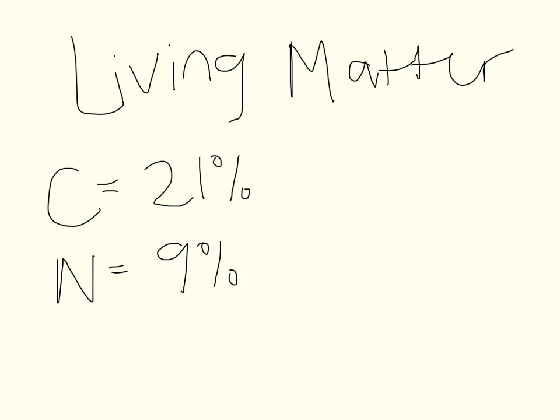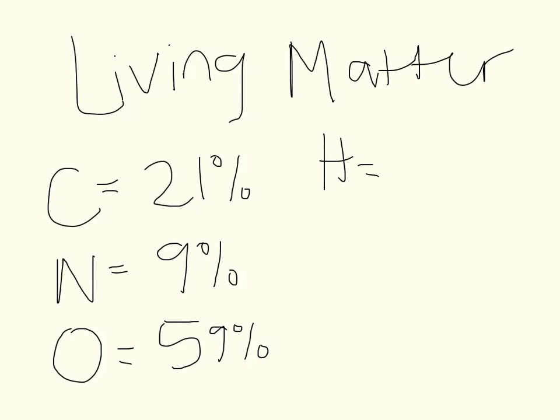The biggest one that we see in living matter is oxygen. Oxygen makes up about 59% of the living matter. The last two are hydrogen and other elements. For hydrogen, we have about 9%.